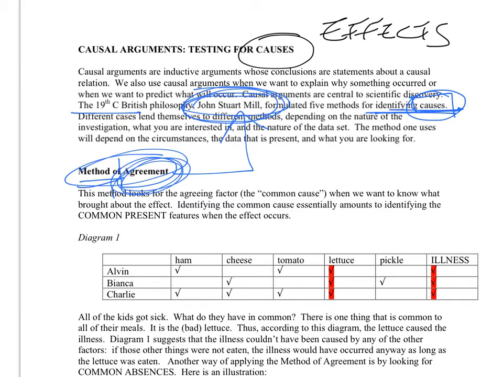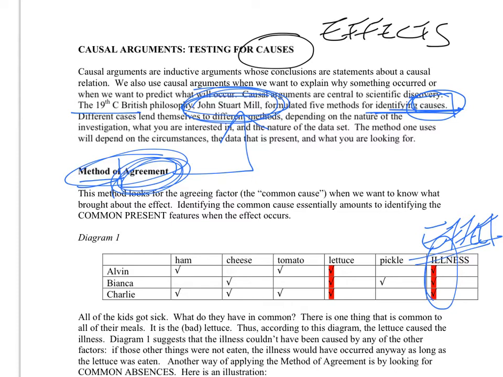And it's called the method of agreement because it's all about, as you can see from this chart, how a certain effect, in this case an illness, can be traced to a certain cause.